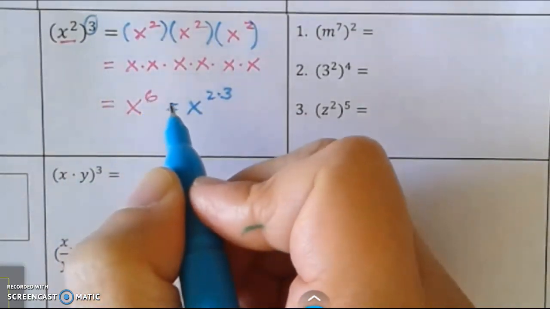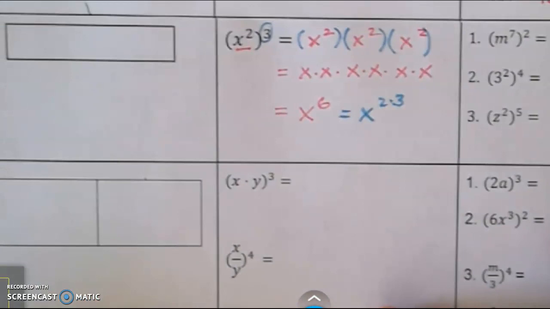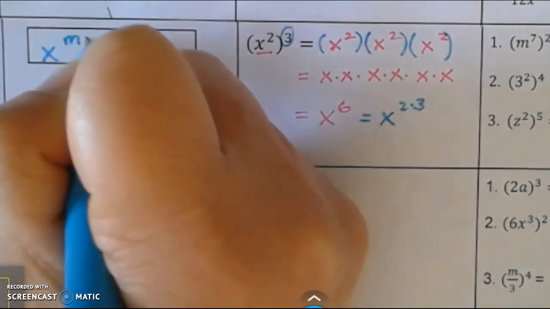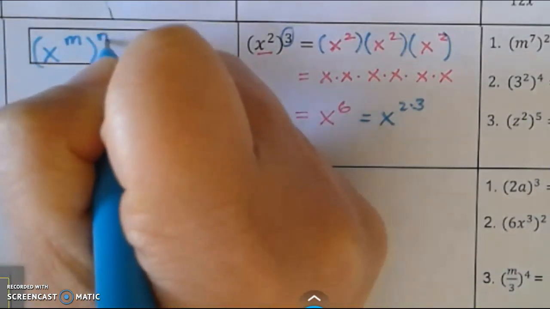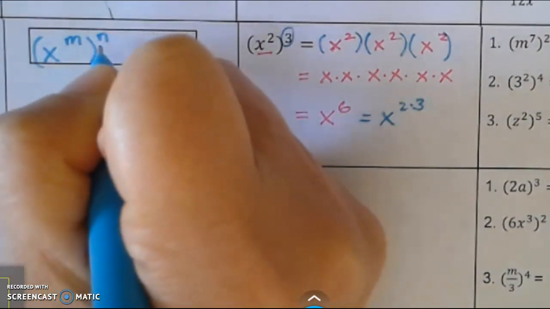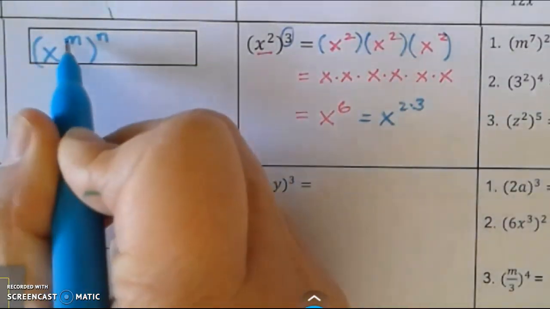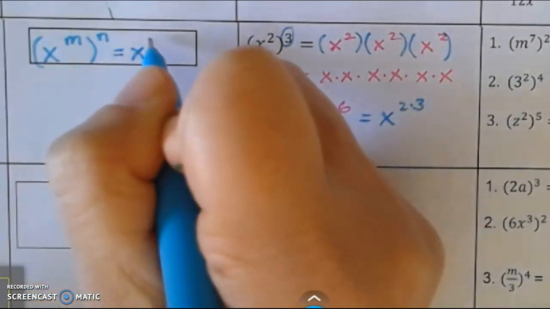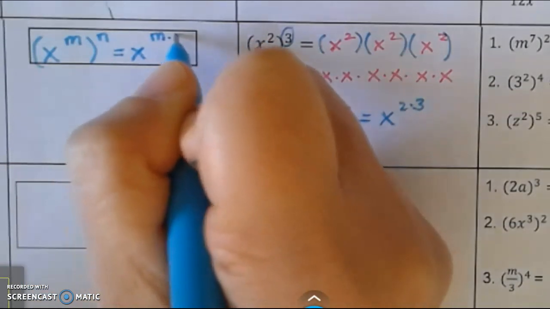So in a more generalized form, this will be x to the power of m all raised to the power of n. Now we are using variables to signify that this can be any number. This can be written as x to the power of m times n.